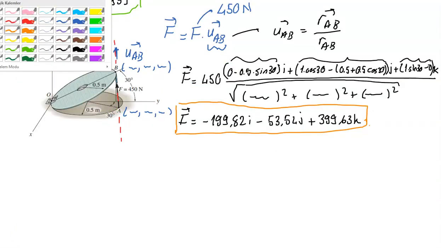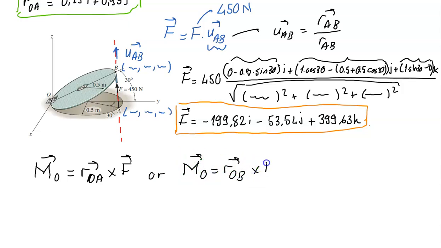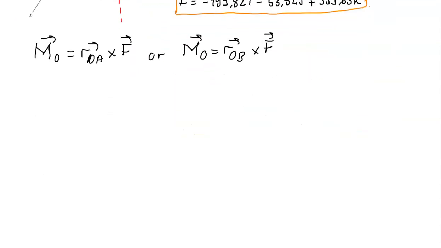That's the force vector, and to find my moment about point O, I need to take the cross product of the vector ROA with force F, or I can use ROB and F. If you remember, this can be found by using a determinant.